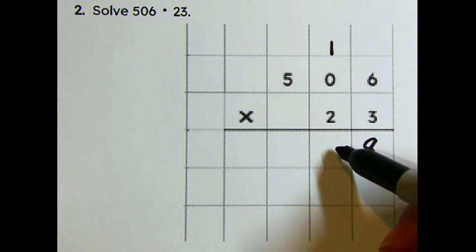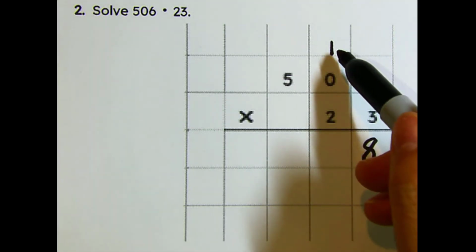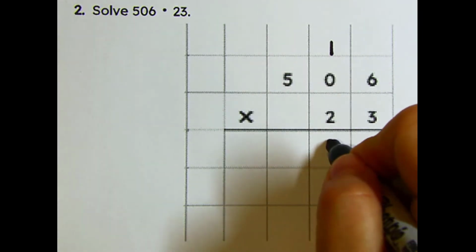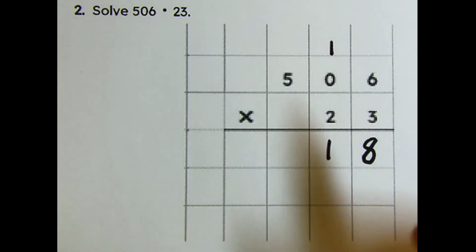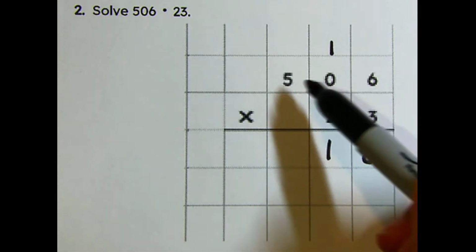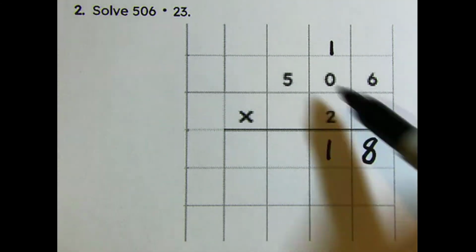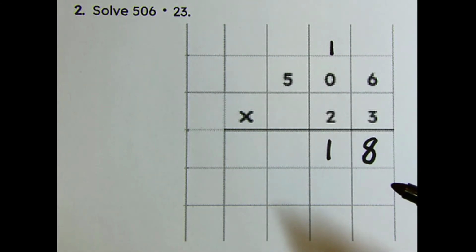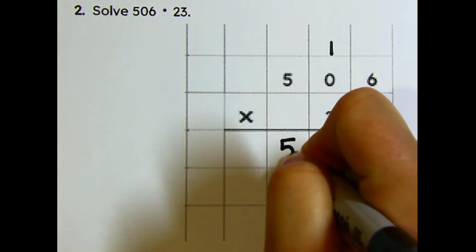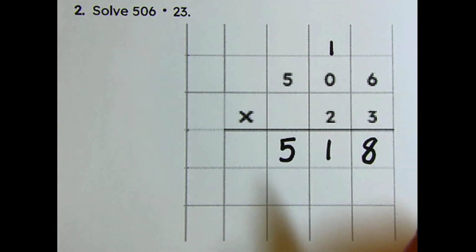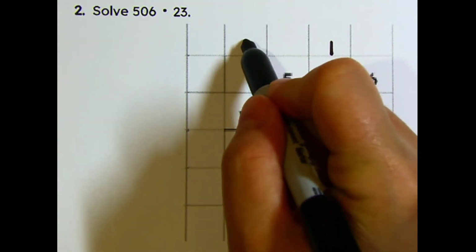Ones times tens is tens, 3 times 0 is 0, but then I have that 1 that I regrouped from before, so I'm going to go ahead and bring that down. So I have 10. Ones times hundreds is hundreds, 3 times 5 is 15 hundreds, which is the same as having 500 and those 1000, which is the same as 1000.